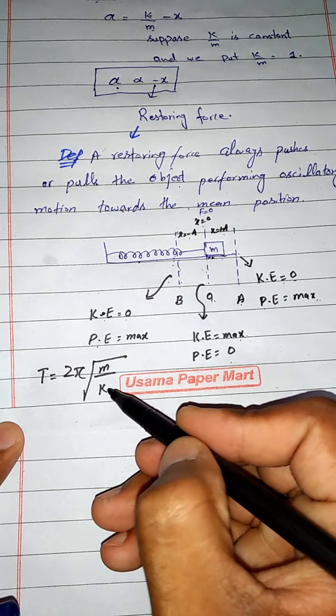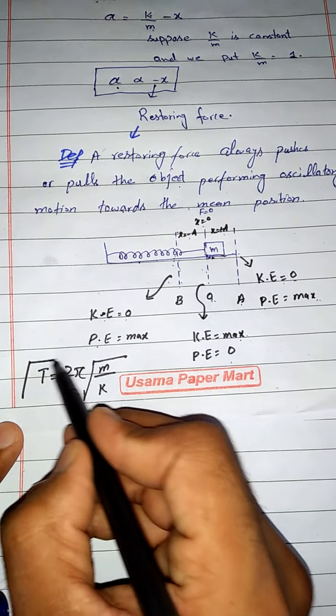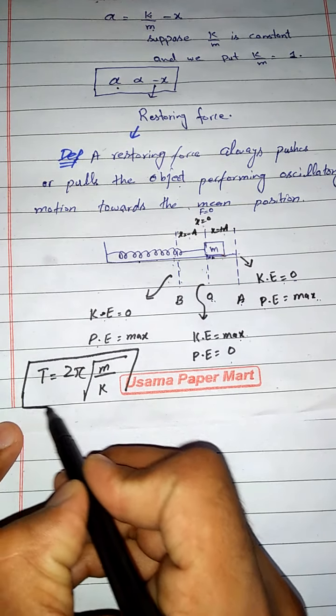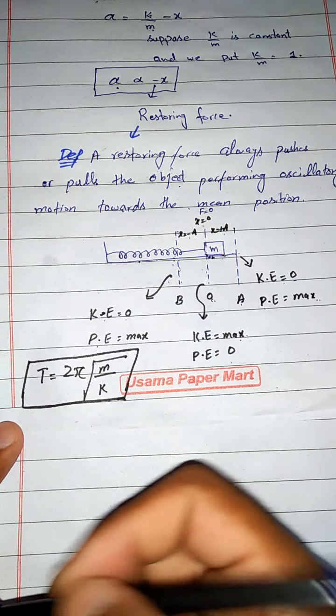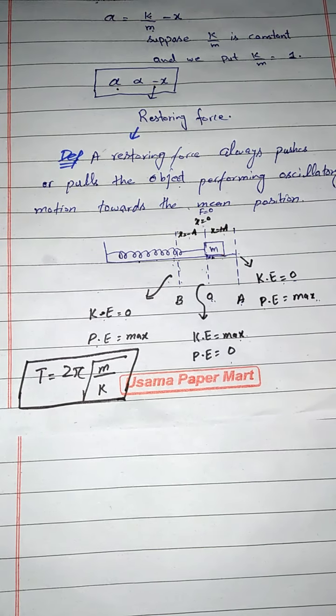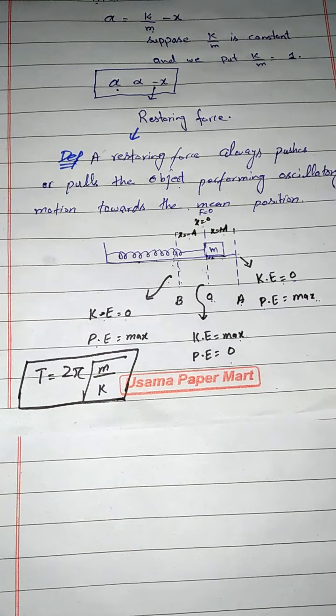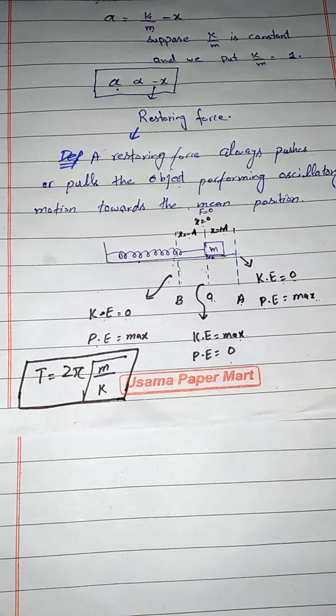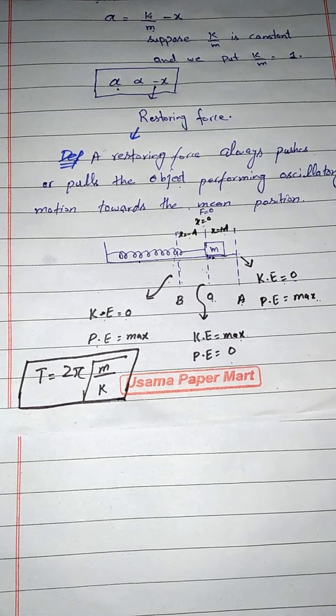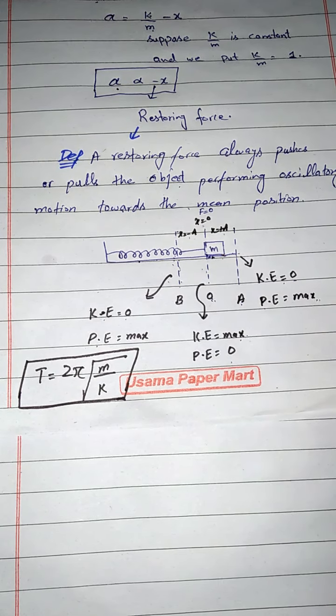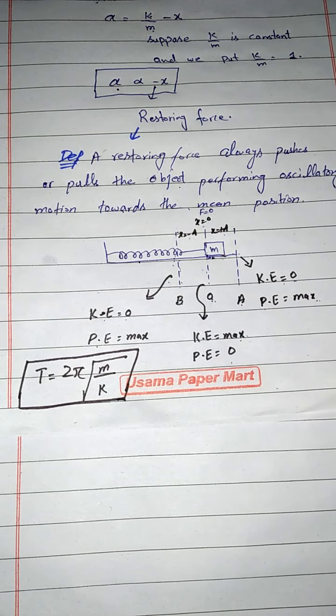This is the formula by which we can find the time period. The time period is the short interval of time in which an object completes one complete cycle.